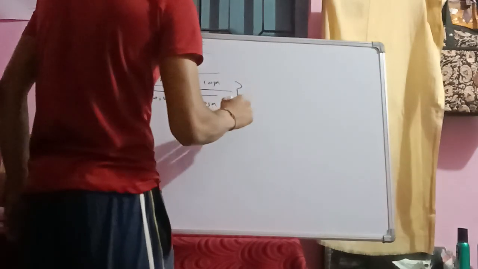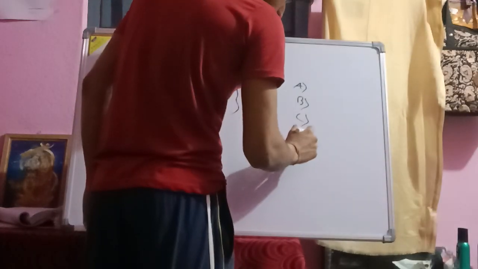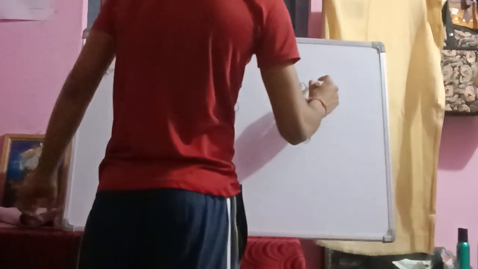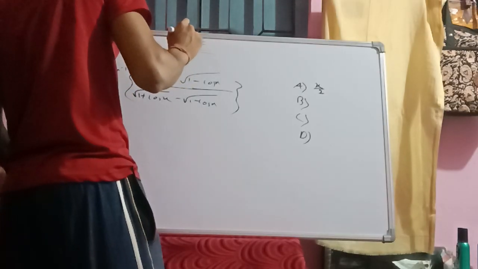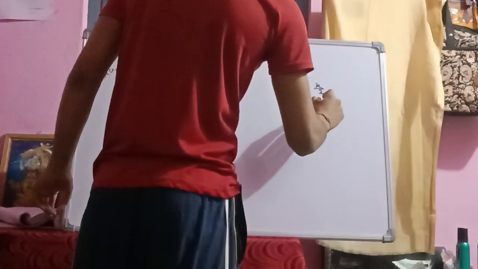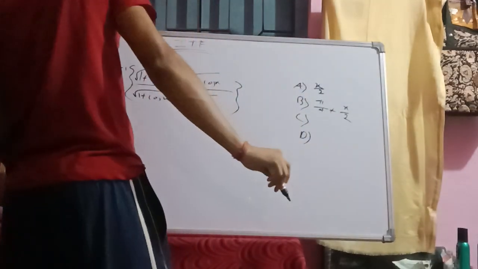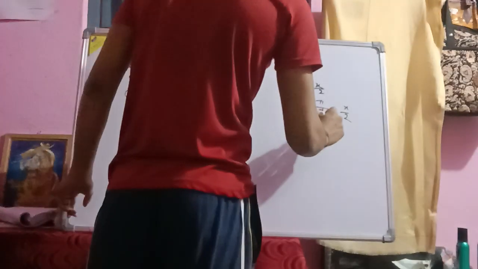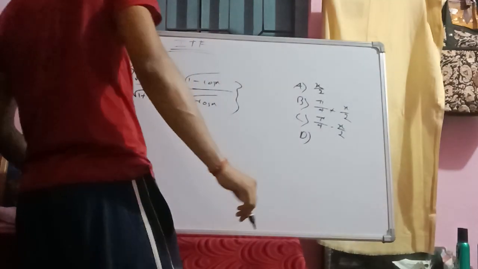We have been asked to evaluate this, and the options are x over 2, pi over 4 plus x over 2, pi over 4 minus x over 2, pi over 4 plus x.